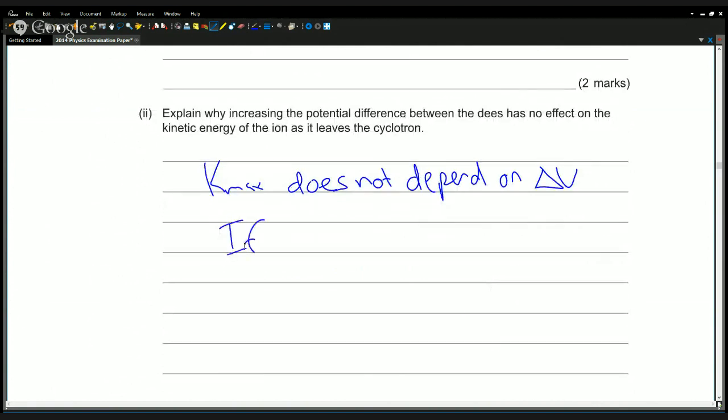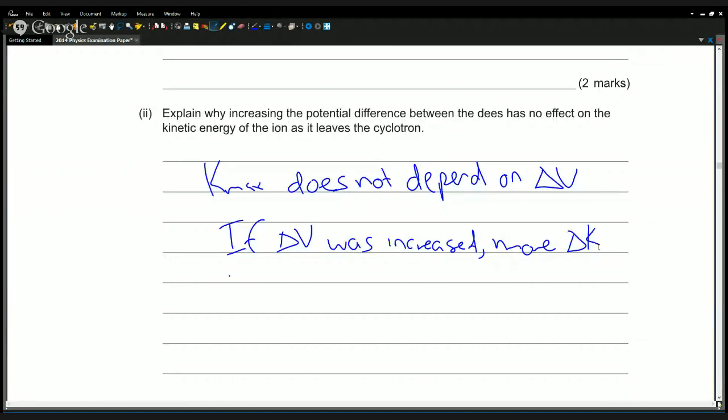If delta V was increased, more gain in kinetic energy. I'm abbreviating this because it's really hard to write.